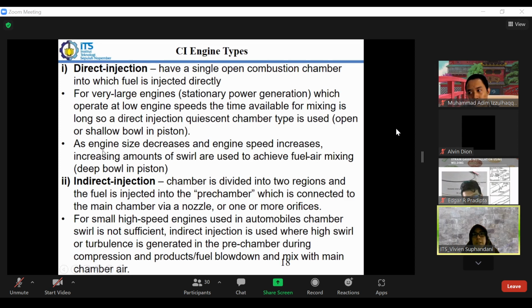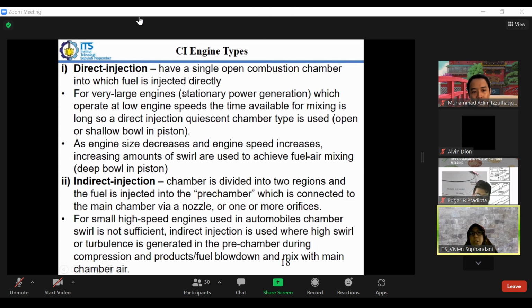As the engine size decreases, when we want to reduce the bore diameter of the cylinder and increase the engine speed, then to reach a certain compression ratio with a smaller cylinder, the stroke should be longer, so the engine speed increases.